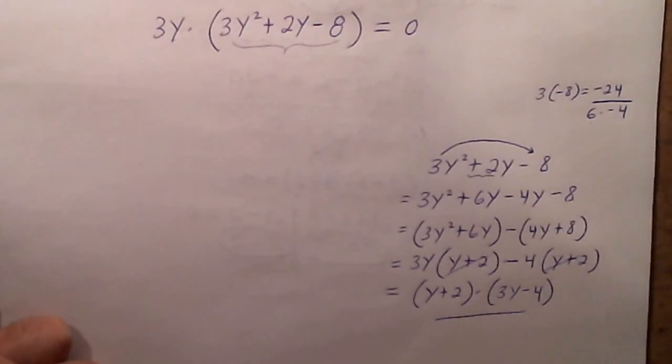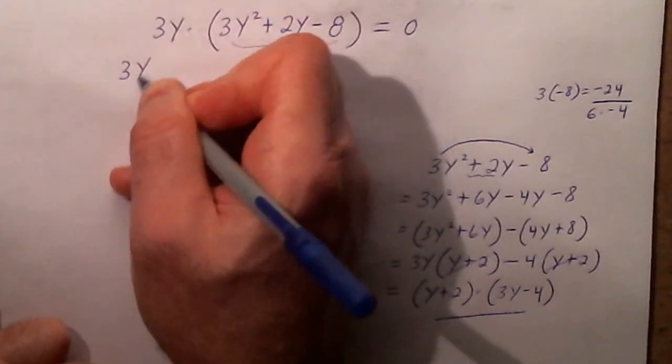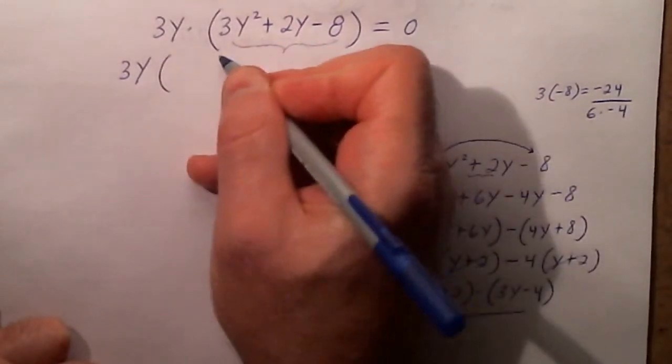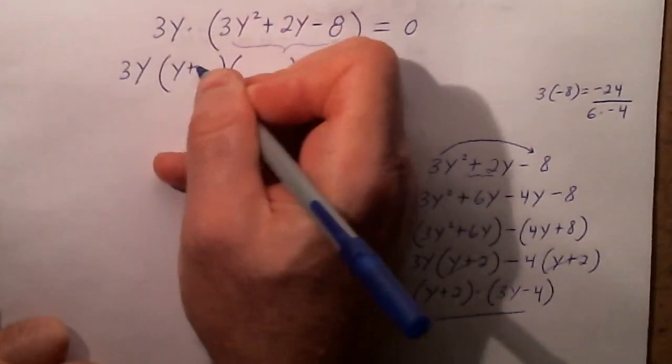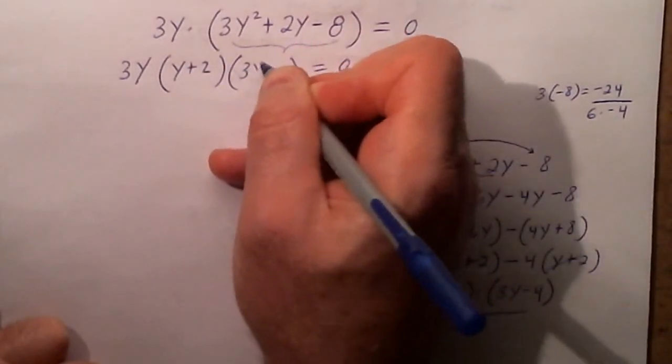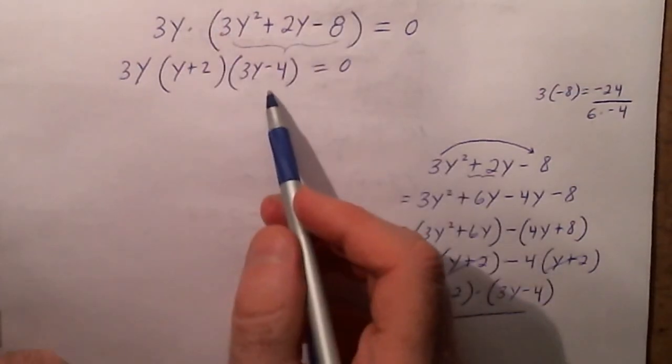That, ladies and gentlemen, is the factorization of this difficult trinomial. We come back to the main problem here and replace our trinomial now with its factored form. And this left side of this equation has been completely factored.